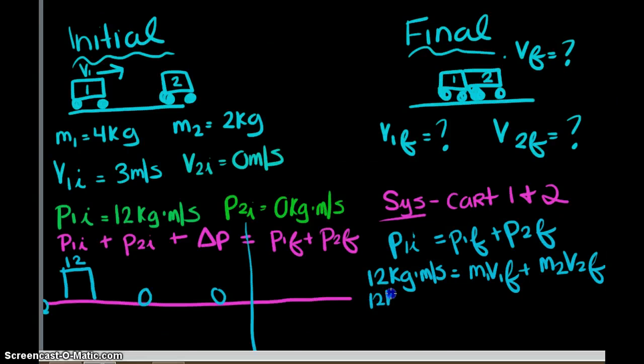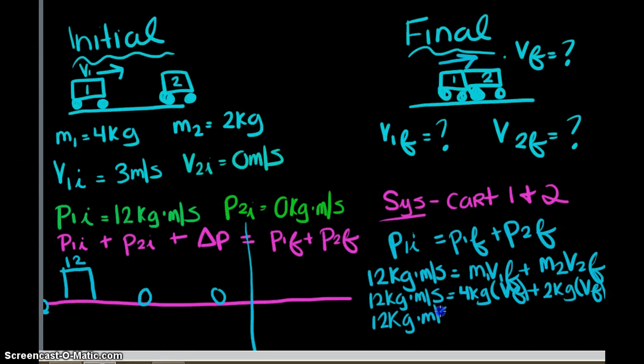So this means that 12 equals 4 kilograms times V final plus 2 kilograms times V final. So instead of writing V1 final and V2 final, because in this case these two objects stick together and they have the same V final, I can combine these two terms over here.